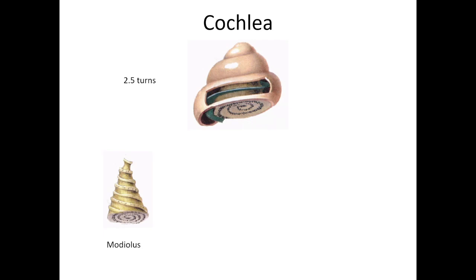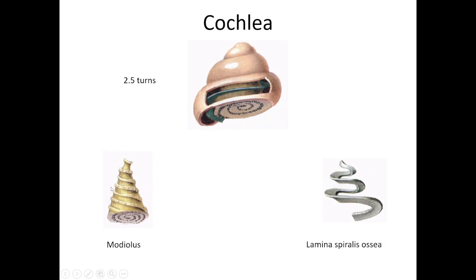It's a bony structure which has a conic shape, and the cochlea is turned around it. And what is this? It's lamina spiralis ossea.